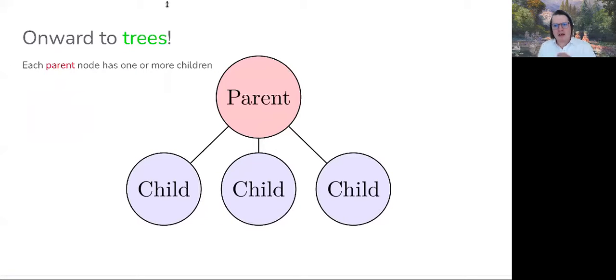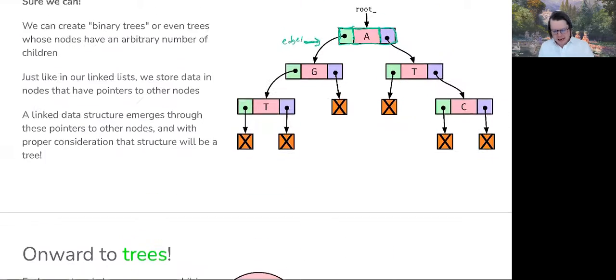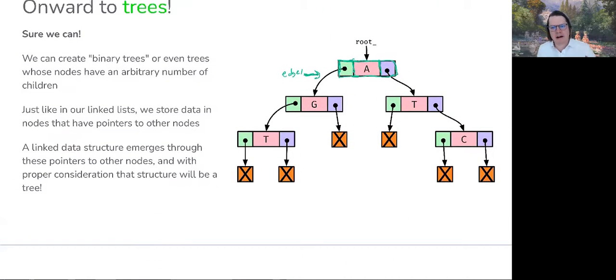So some terminology. We have a parent node, right? And the parent node can have children nodes. So in our case over here, we could say the root is a parent node and it has two children, the nodes storing the characters G and T. These are the node storing A's children.